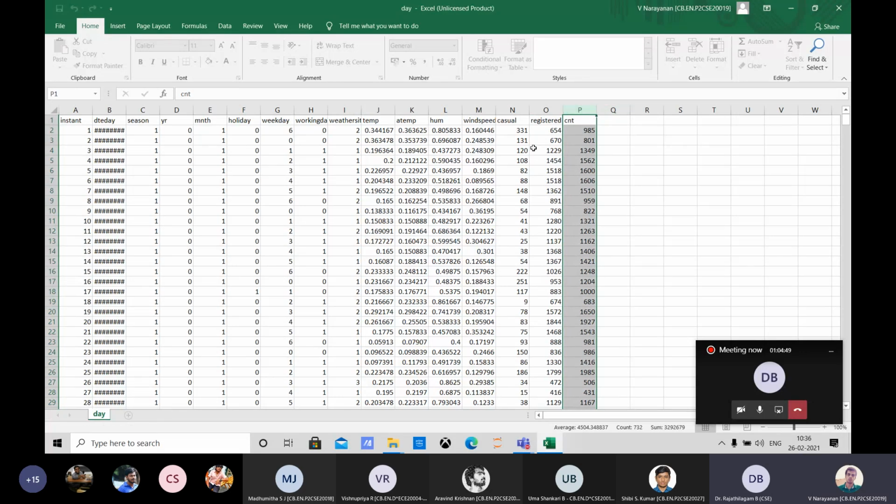This is your response variable. Count is your response variable, X1 is your season, and X2 is your weather condition: sunny, windy, rainy, right? So these two variables and this.